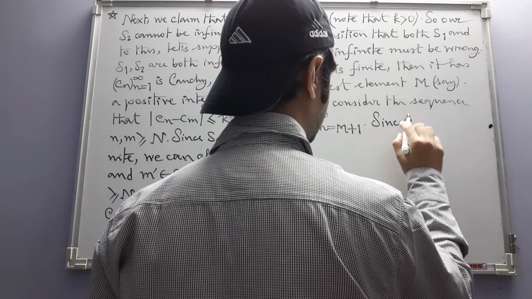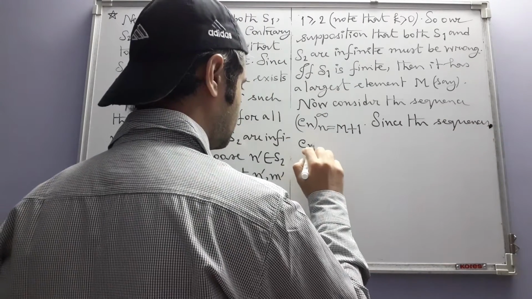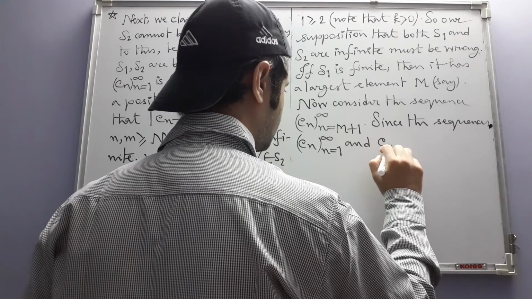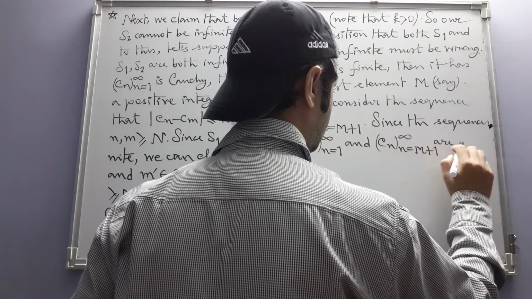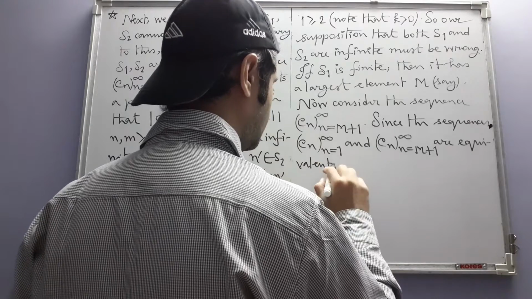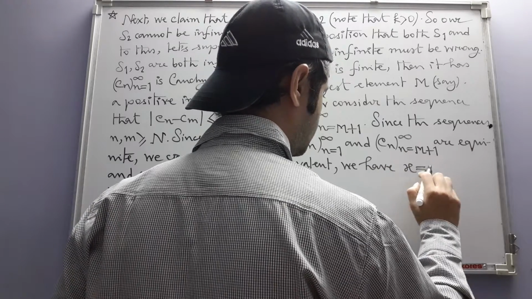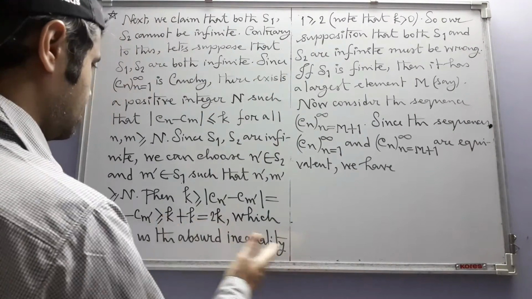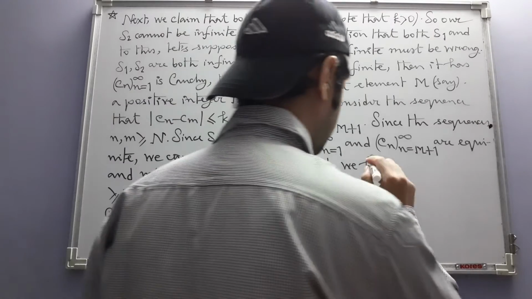Since these sequences are equivalent, we have x equal to... we cannot write it this way, because in this notation where you write x as the formal limit of a sequence, where the sequence starts from is not a part of the notation, so we have to write it differently.